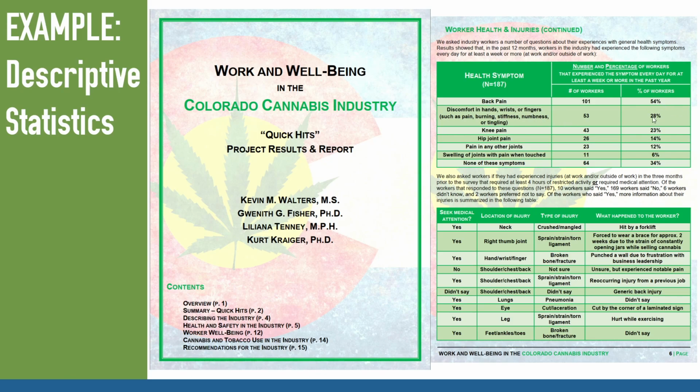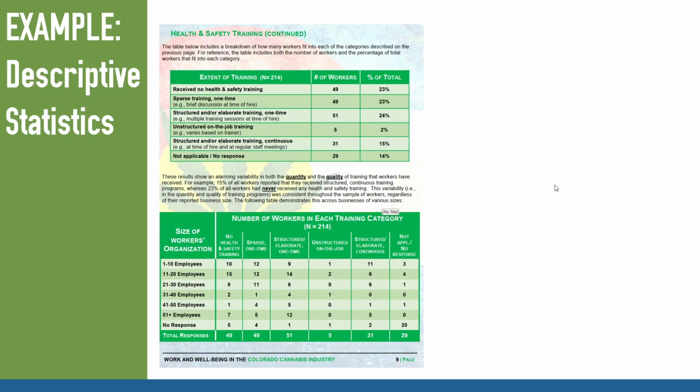Right, so it was 54% of people that responded to our survey. Then down at the bottom, a little bit more specific information about, I can't remember what this one was. I think it's if they required medical attention. Oh yeah, seeking medical attention. So you can just see more information on some injuries they had where they had to get medical attention at work or as a result of an injury at work.